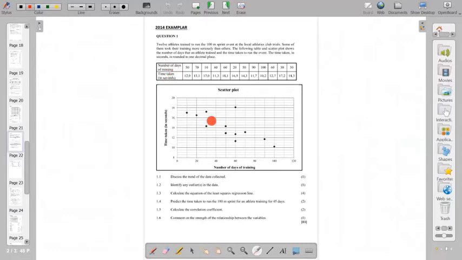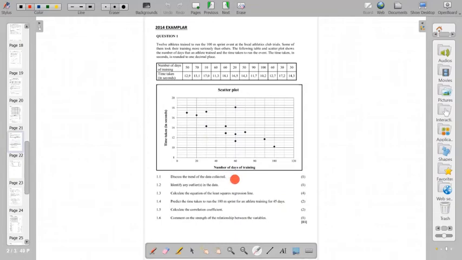Generally we expect what? We expect if you train longer, if you train more days, the time taken should be shorter, because you are more trained, more experienced, and you can finish whatever you are doing, or this athlete is running, earlier. So that's a trend. Okay, that's fine. It actually says discuss the trend.